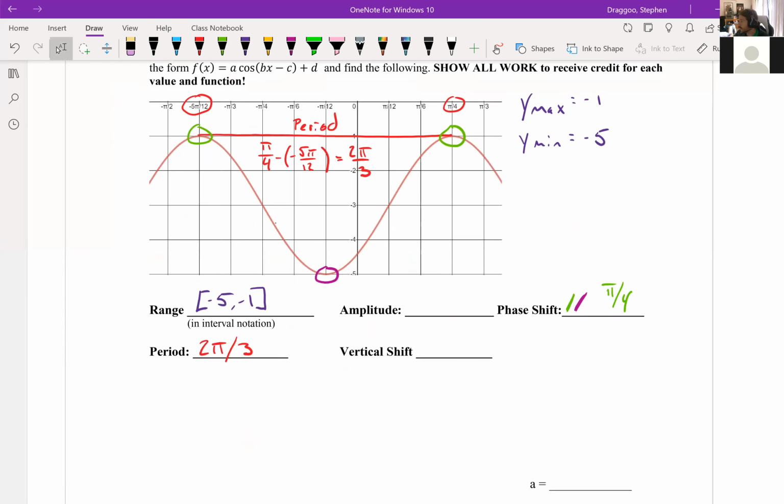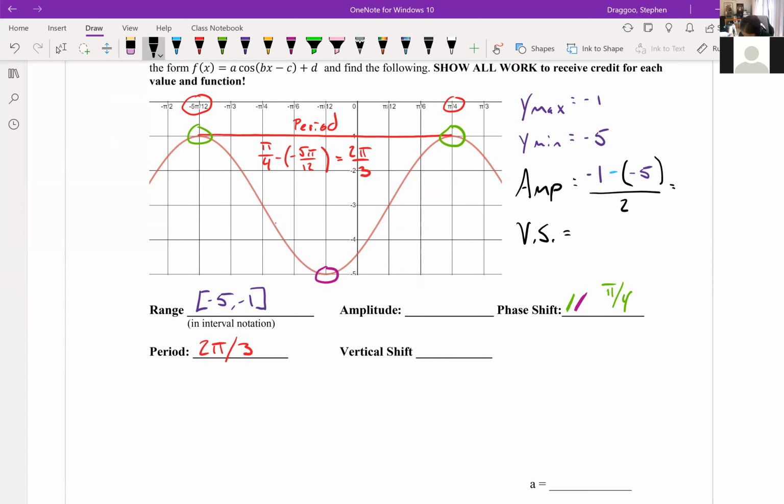But now we'll use all of that information to find the amplitude and the vertical shift, among other things. Starting with the amplitude, I'll have -1 minus -5, all over 2.